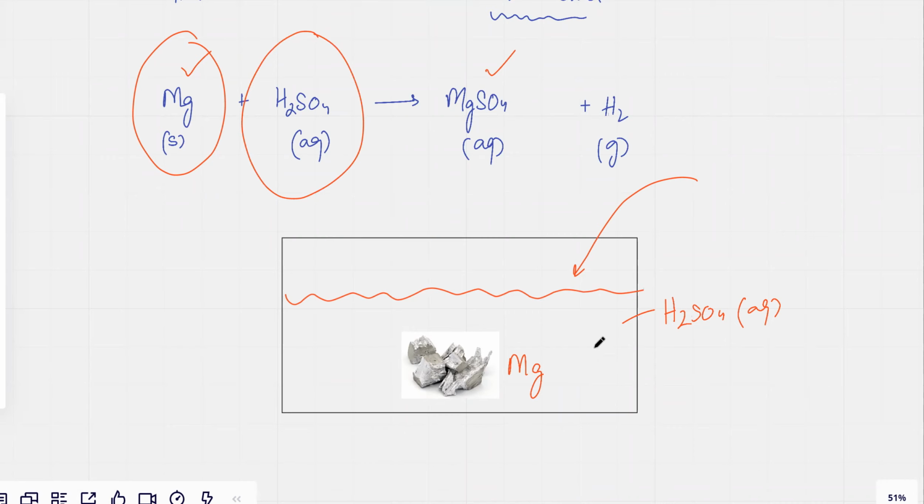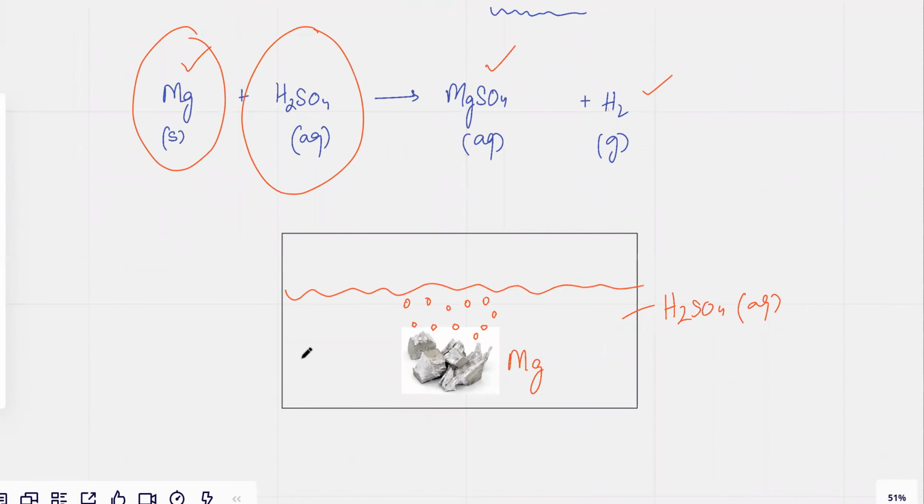So immediately what would you see? Right when you add Mg into H2SO4, the first thing you will notice is bubbles of H2 gas being produced, because every time the Mg reacts with an H2SO4 molecule, it forms a salt and H2 gas.